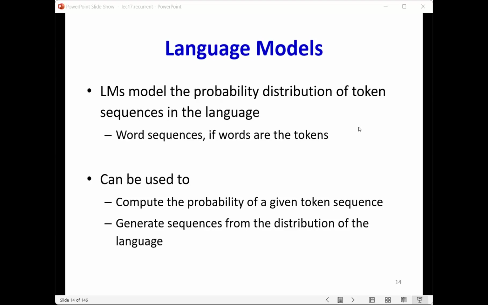For a word sequence to be likely, it should have proper syntax, it should have proper semantics, it must mean something. It's very unlikely for people to go about spewing completely nonsensical sentences, right? So, in other words, you can think of the language as a probability distribution over word sequences, where some word sequences are very highly likely and others are less likely. Does that make sense?